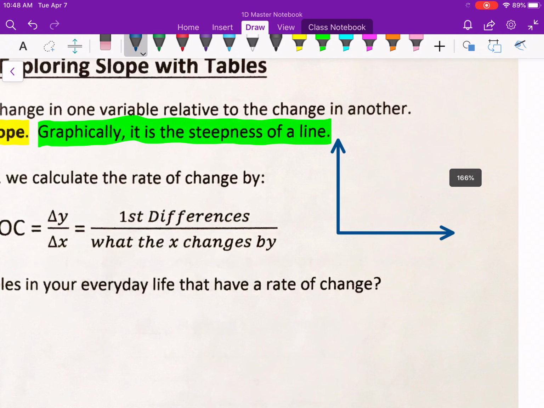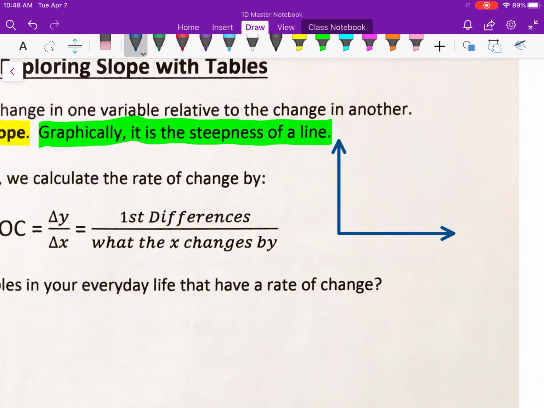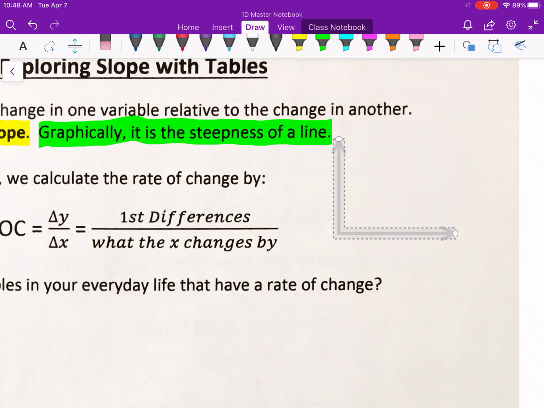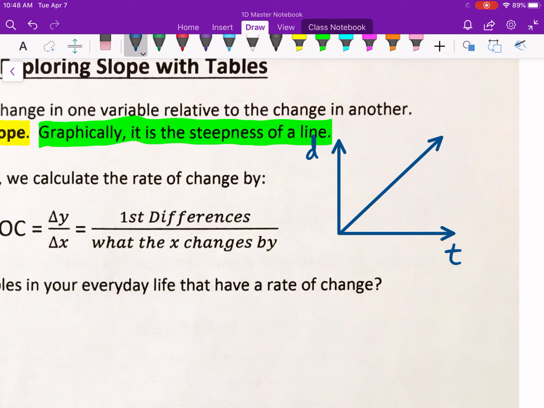And remember, another example that I've used a couple days ago was distance versus time, right? So imagine you're on a car trip and we said that t stood for time. That was how long we'd been driving, and d was the distance we went.